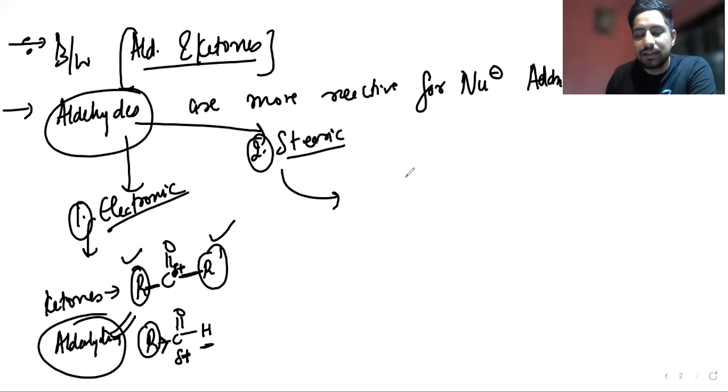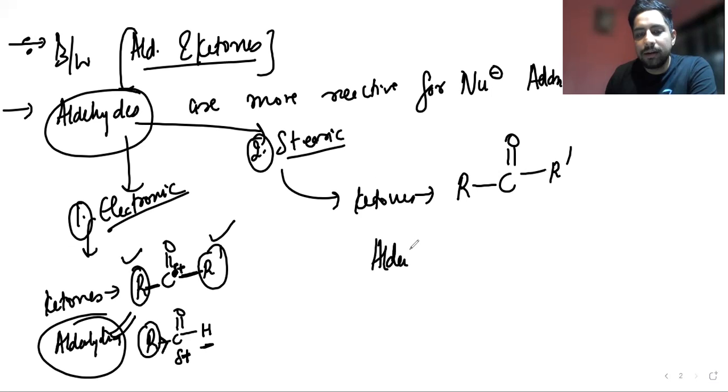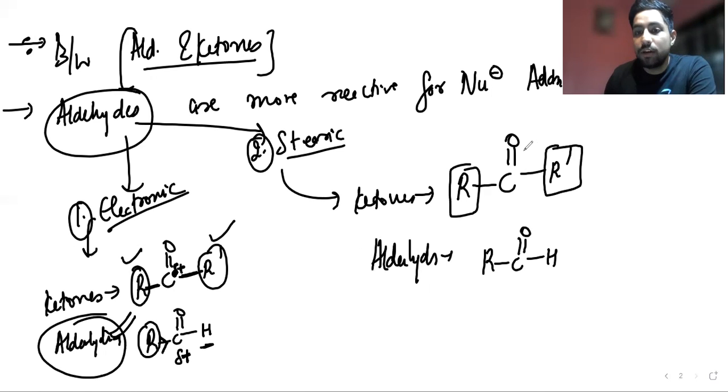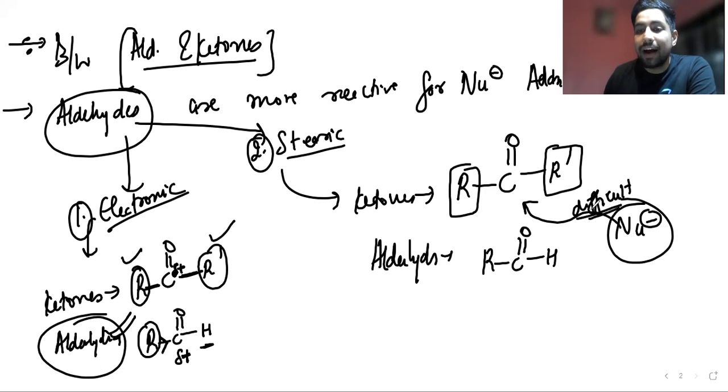Now, in the case of steric reasons, again, ketones are RCOR' and aldehydes are RCOH. In ketones, two bulky groups are present, which makes the attack of the nucleophile difficult. Two bulky alkyl groups are present there, so the nucleophile is not able to attack properly.